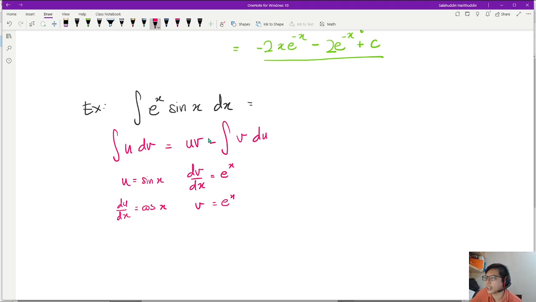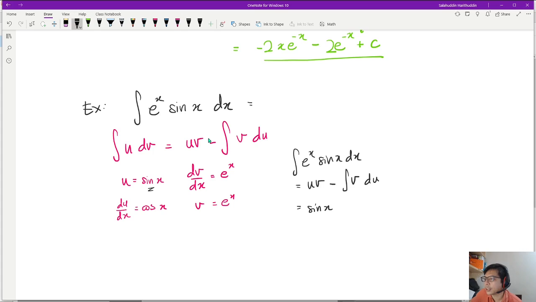So you know e to the power of x sine x dx will be equivalent to uv minus integral of v du. So what is u here? Sine x.